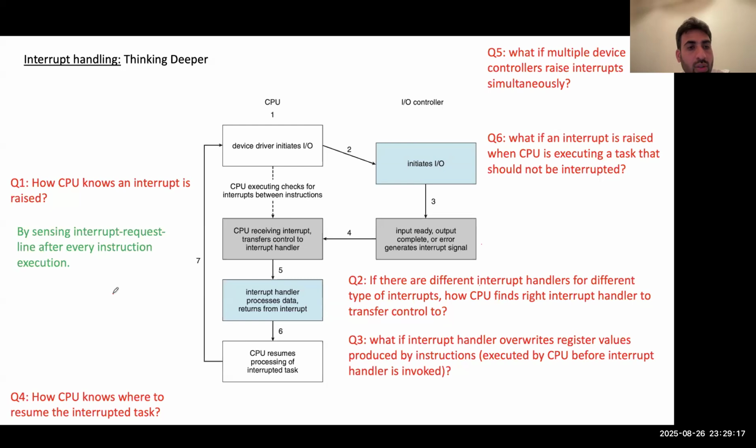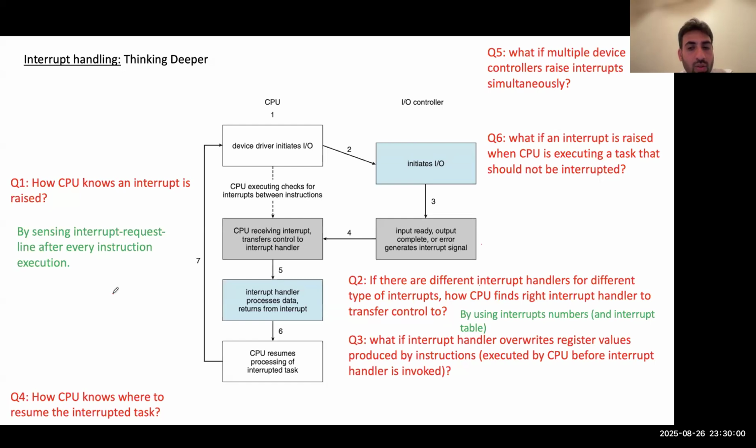So whenever you raise the interrupt request line, also set the ID line to one. And for the USB controller, let's say we assign ID two. So whenever the USB controller raises an interrupt, it will also send its ID. In that way, the hardware will sense the ID, and based on reading the ID, the OS will be able to differentiate between different kinds of interrupts and then handle them accordingly. We will talk about it in upcoming slides.